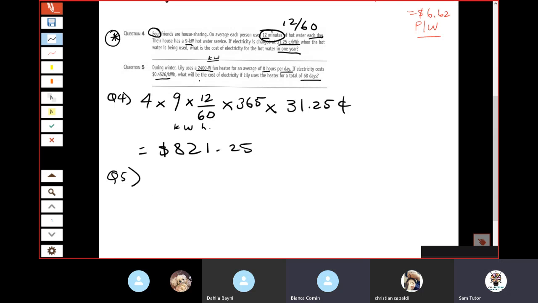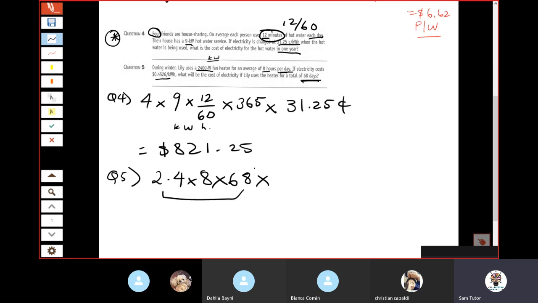Sure. All right, go. First, we need kilowatts, so that would be 2.4. Times hours, times 8, and then how many days? 68. For 68 days. Now you've worked out how much energy you use, right?